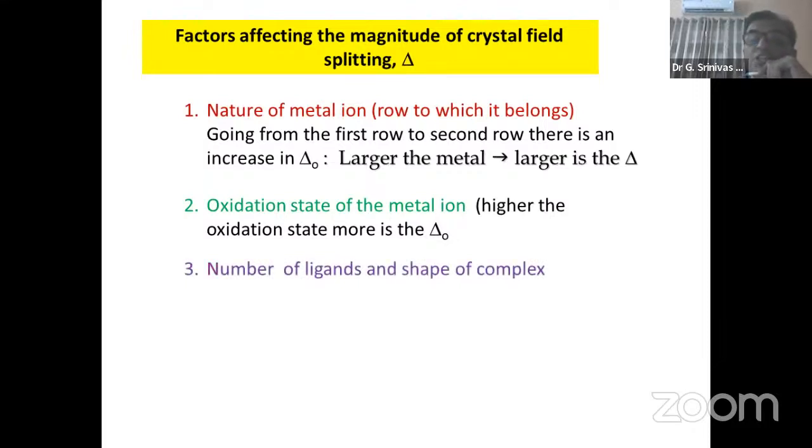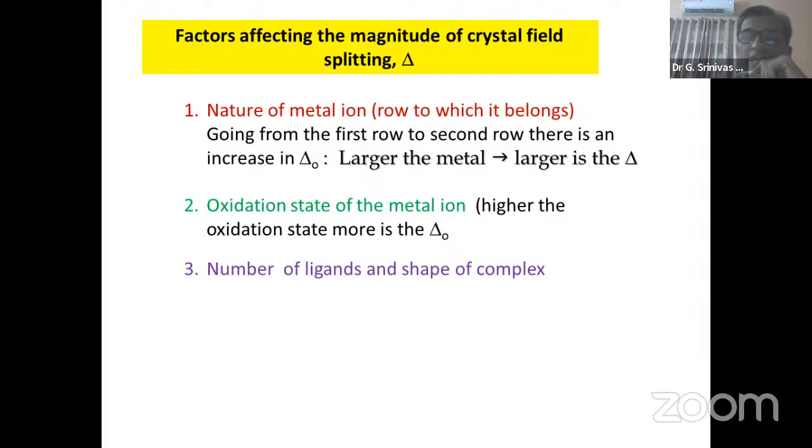And the third is the number of ligands and the shape of the complex. There are complexes that are octahedral, with 6 ligands, and in the case of tetrahedral, there are only 4 ligands. The crystal field stabilization energy is higher in complexes with more ligands. If you compare tetrahedral and octahedral, the octahedral crystal field stabilization energy is more than the tetrahedral complexes.